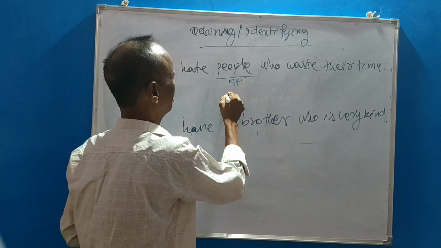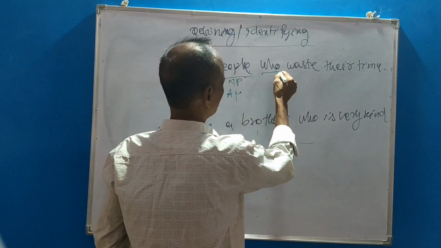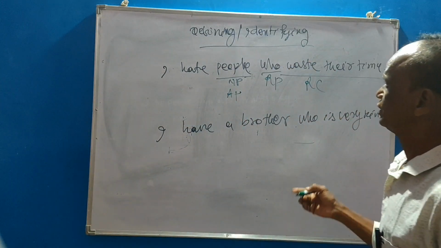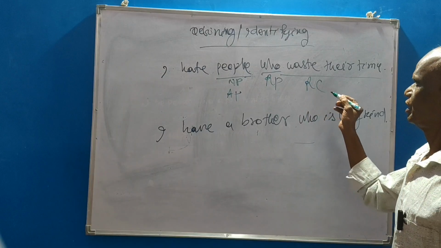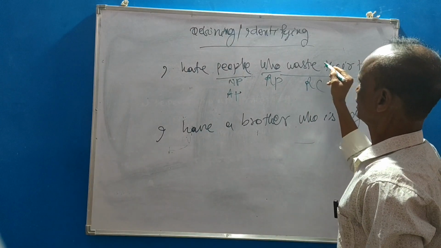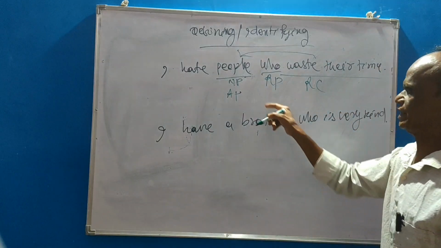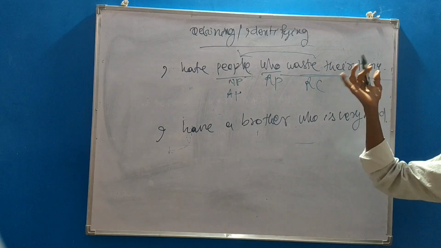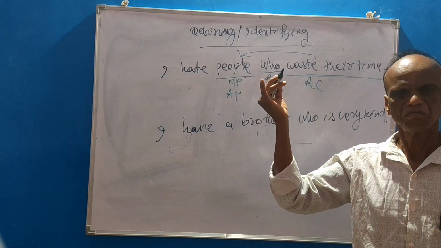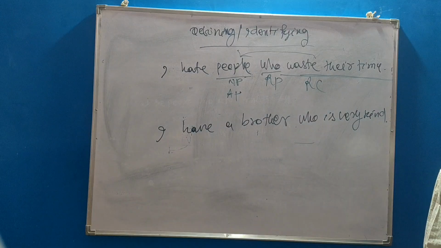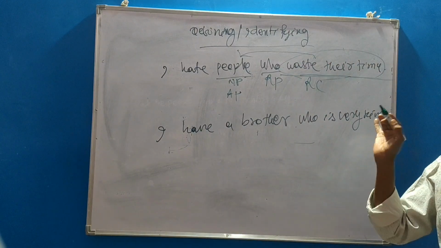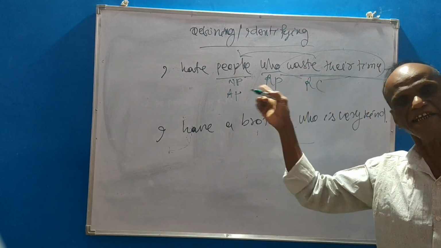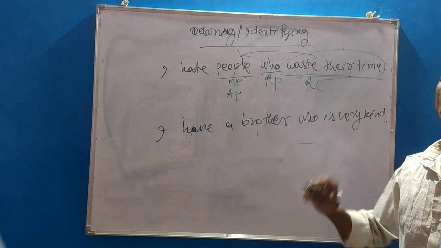Noun phrase or antecedent part. Relative pronoun. Waste their time, that is the relative clause. It is defining because it is essential for the noun phrase or antecedent people. Okay? If you omit waste their time, the meaning of the sentence cannot be fulfilled. So, it gives essential information about the noun phrase.